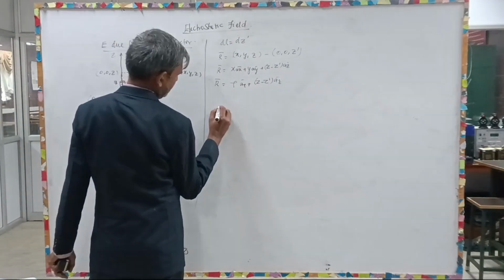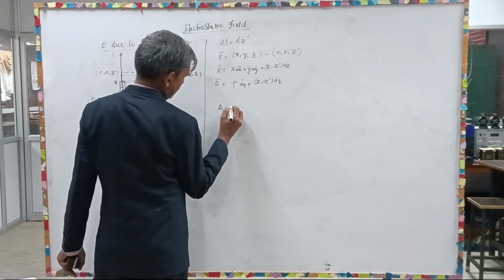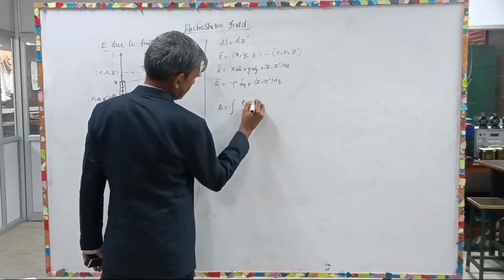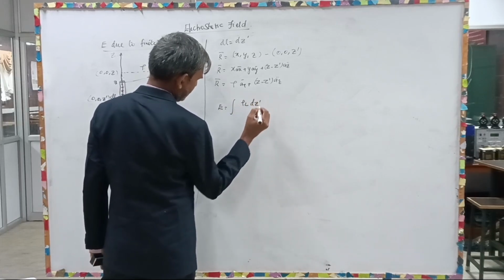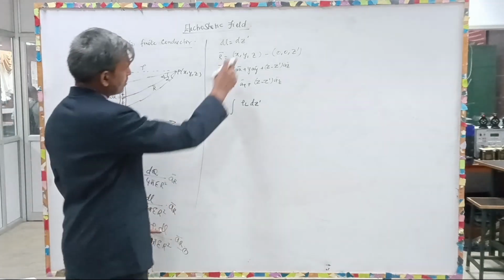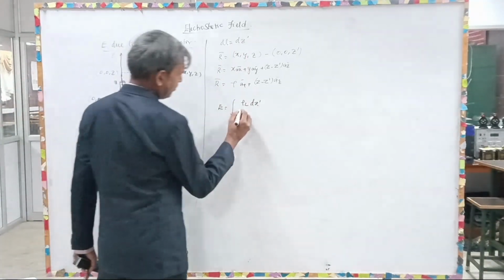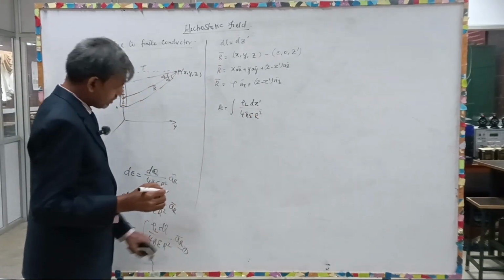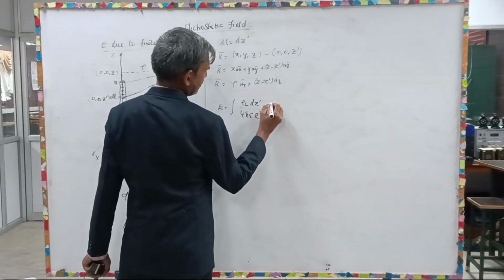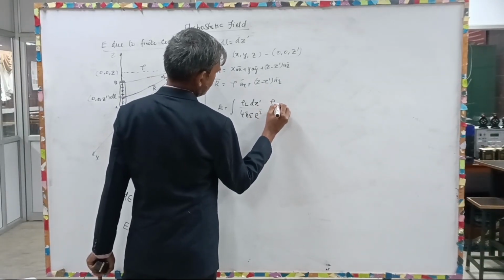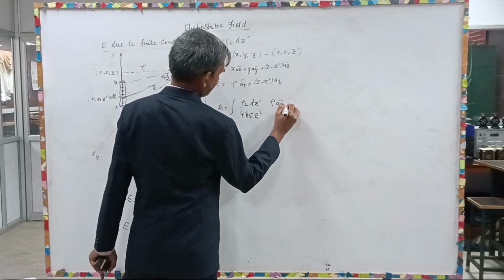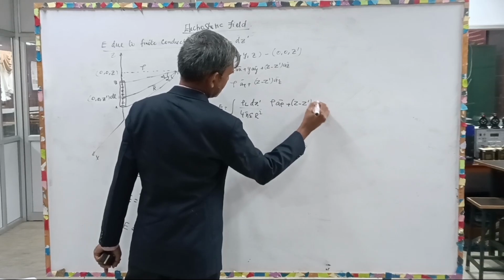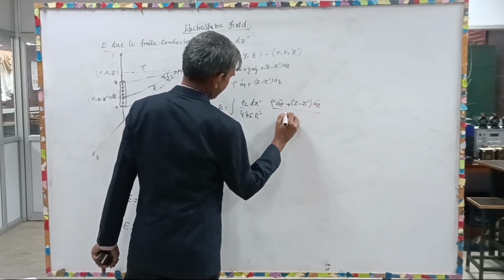Here we can substitute, so E is equal to the integral of rho L into dz dash, where dl is nothing but dz dash, divided by 4 pi epsilon r square into the ar vector, which is nothing but rho a rho plus z minus z dash into az divided by r.